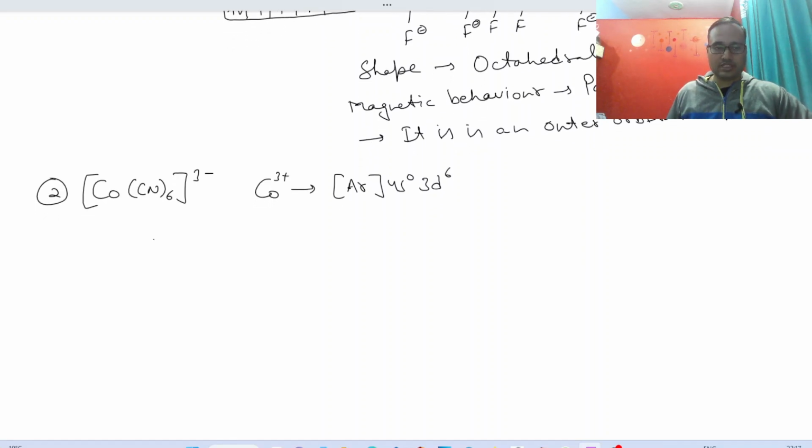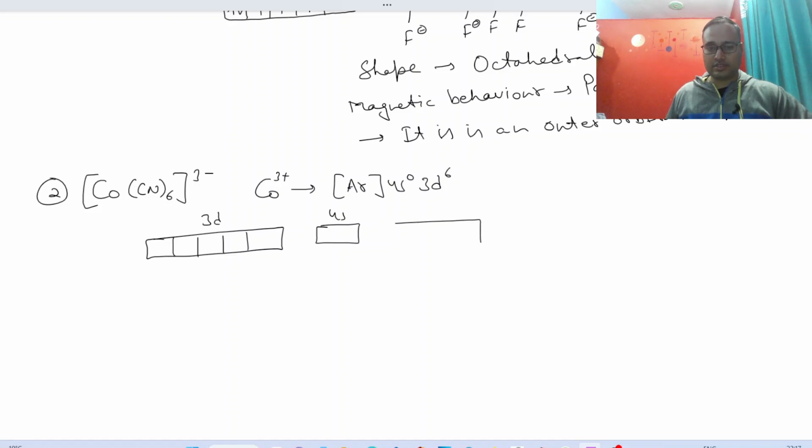So we can represent our 3d orbital as this. We will be having then 4s orbital, and after that we'll be having the 4p orbital. So we are having 6 electrons in 3d orbital, and 4s and 4p are empty.